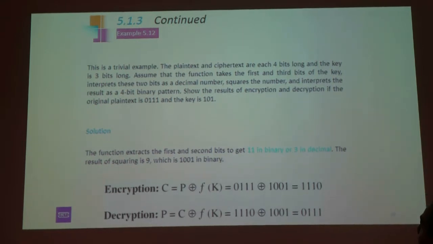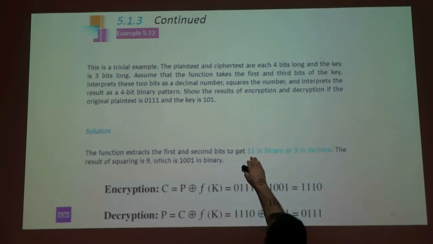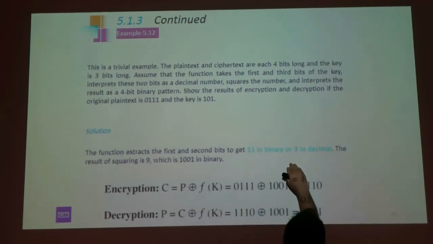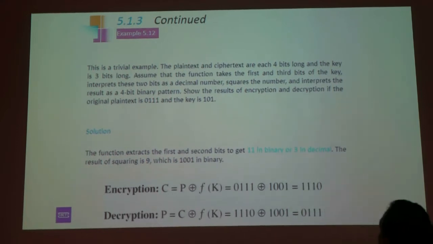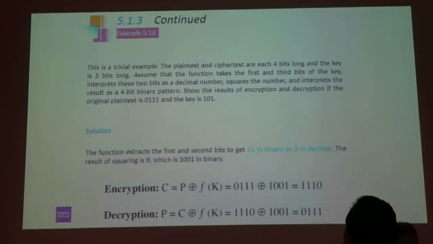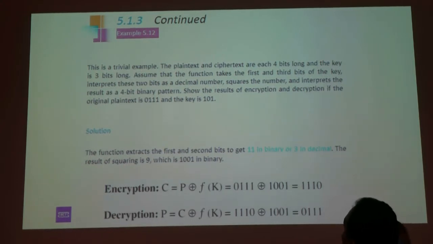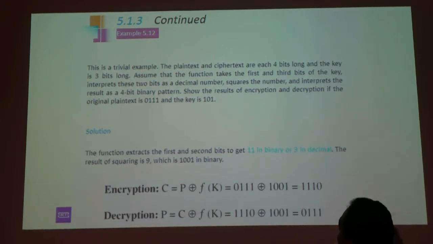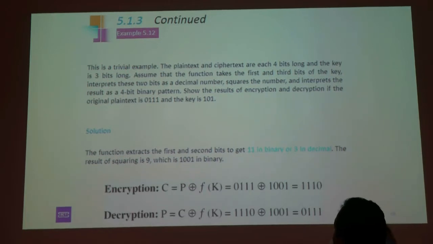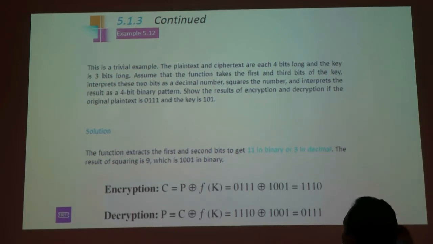All right, so this is a trivial example. The function extracts the first and second bits to get 1, 1 in binary, or 3 in decimal. The result of squaring it is 9, which is 1, 0, 0, 1. So what is the function?